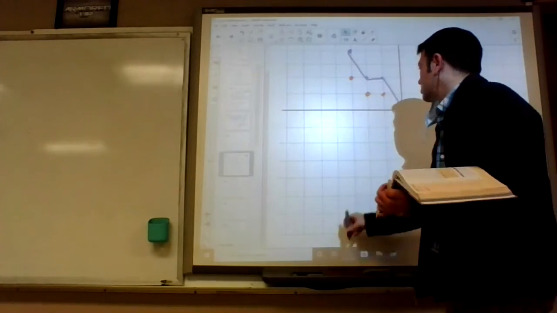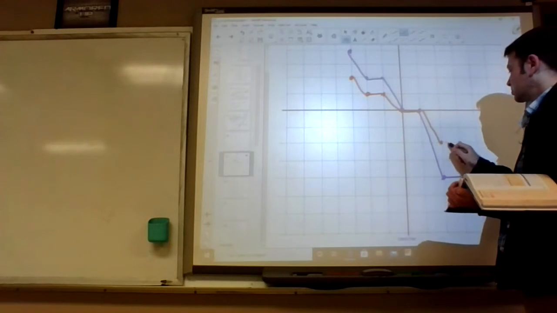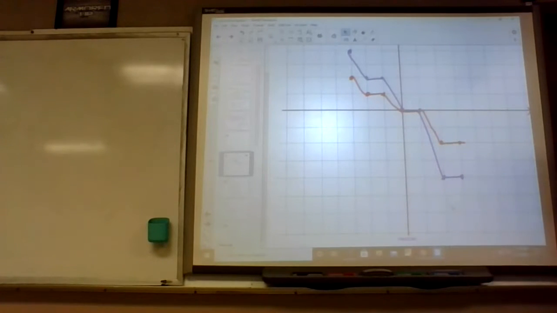That's what the red line looked like, first line. Alright, do you guys recall what the B question, the absolute value, did?